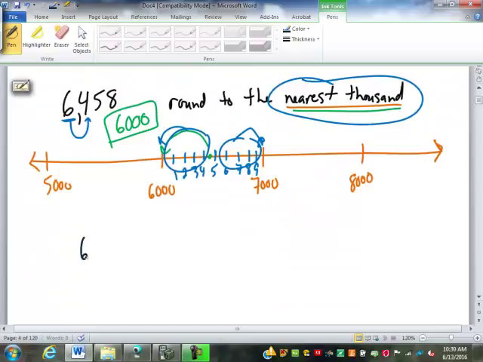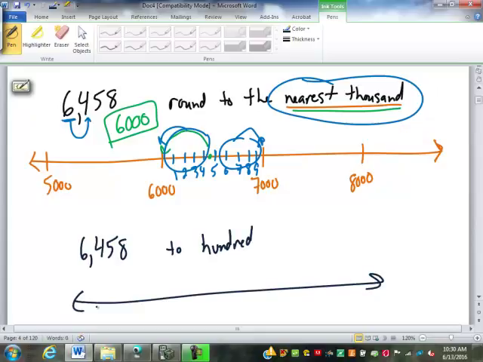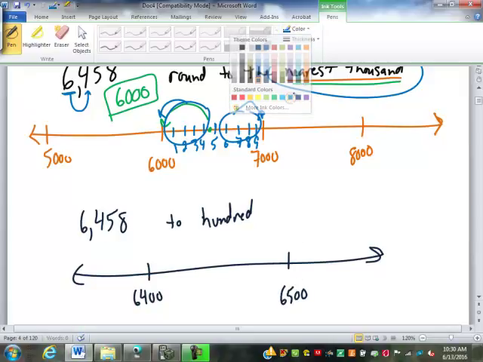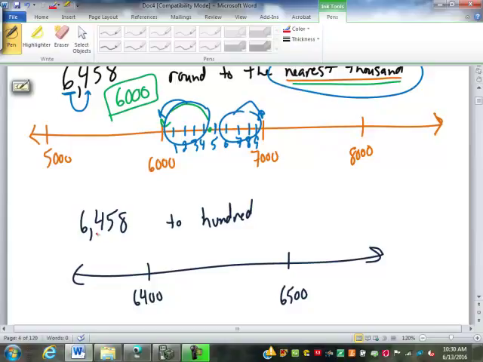Well, let's look at the 6,458. Let's say I asked it to round to the nearest 100. So that's going to be 6,400, 6,500. The hundreds digit is the 4. The next digit's a 5. But 5 is right in the middle, isn't it?